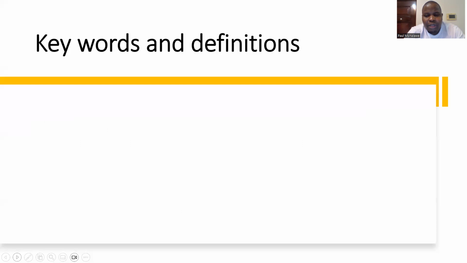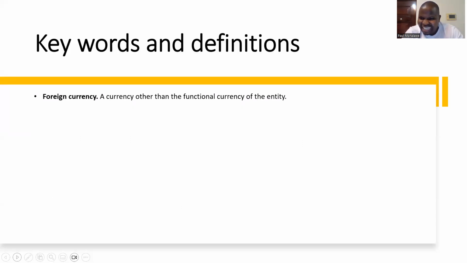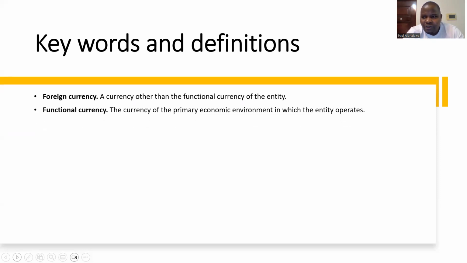So the keywords that we need to be aware of. Number one, foreign currency: a currency other than the functional currency of the entity. Number two, functional currency: the currency of the primary economic environment in which the entity operates. Number three, presentation currency: the currency in which the financial statements are presented.